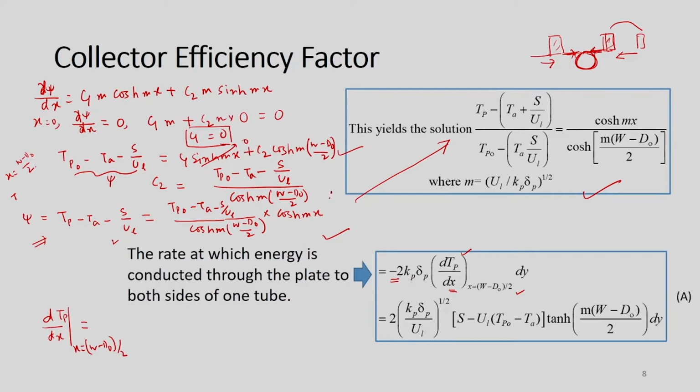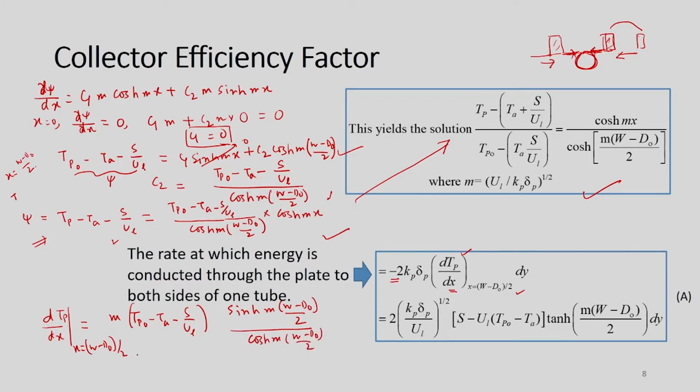If we use this here, okay, then it will be something like Tpo minus Ta minus S by UL. So, m will come out here, okay, and then it will be sinh of m(W minus D naught by 2) divided by cosh of m(W minus D naught by 2), okay.